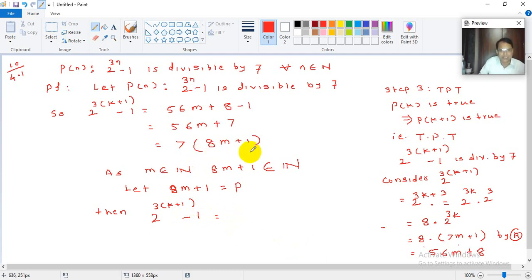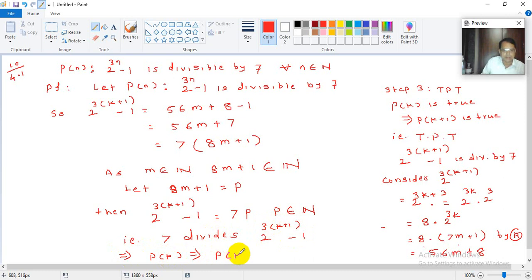It is 7 into 8m plus 1. पण 8m plus 1 ला आपण p म्हणतोय, so it is 7 into p, where p is a natural number. p belongs to N. That is 7 divides 2 raised to 3 into k plus 1 minus 1, and hence Pk implies Pk plus 1.